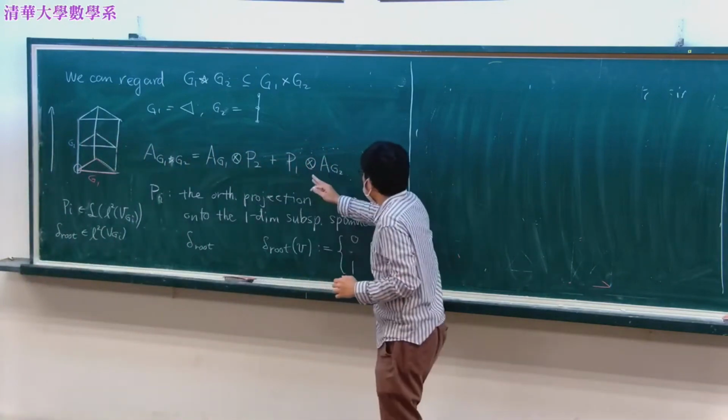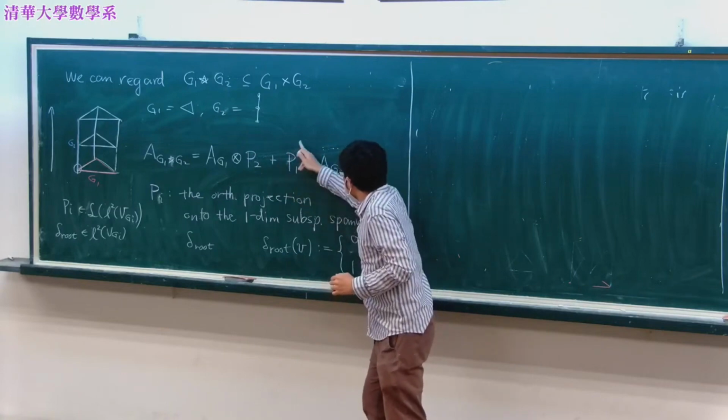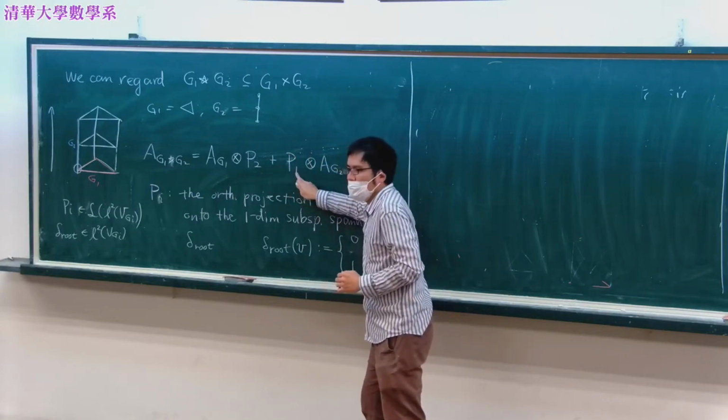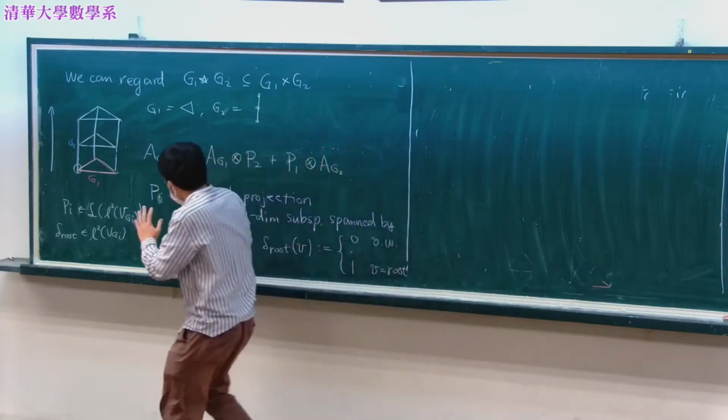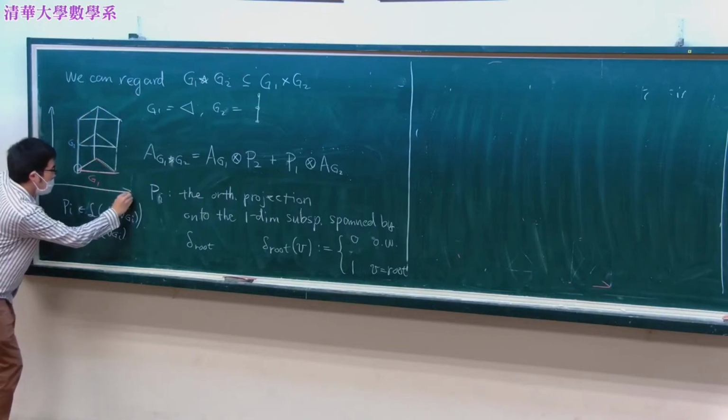Similarly, for the second part, we have orthogonal projection on the first component. This is similar. So in the Cartesian product, we have 3 G2s, vertical lines. Among those 3, maybe this direction.